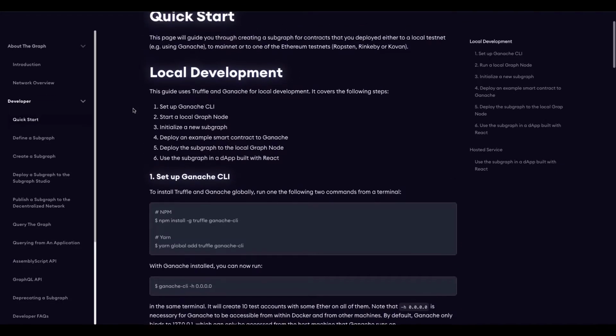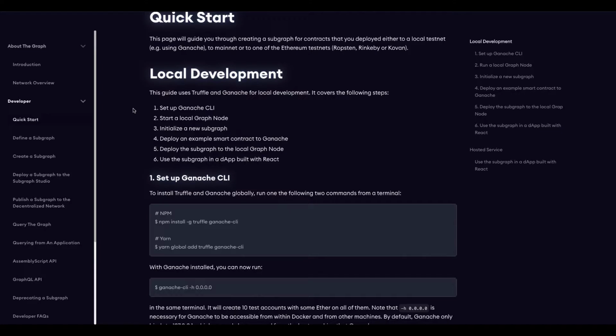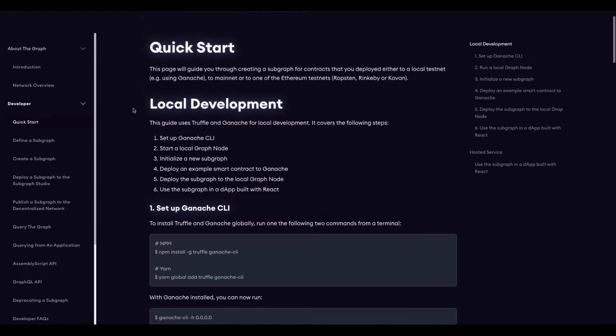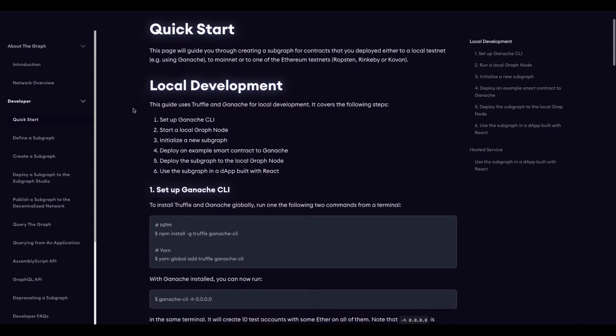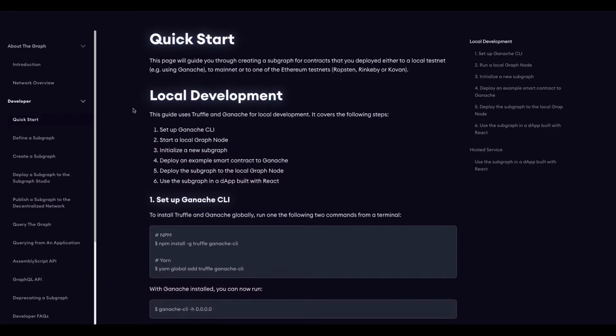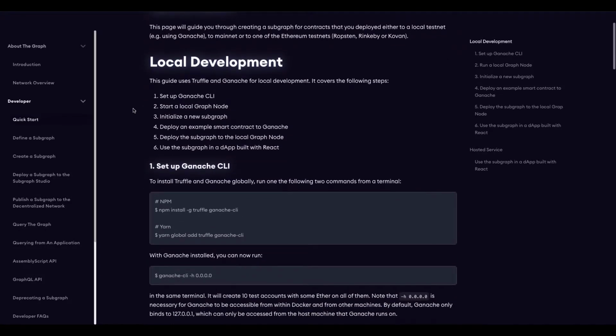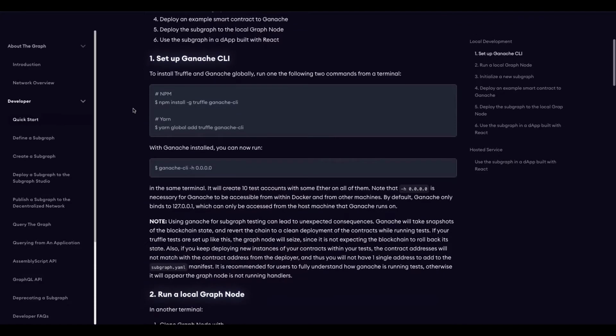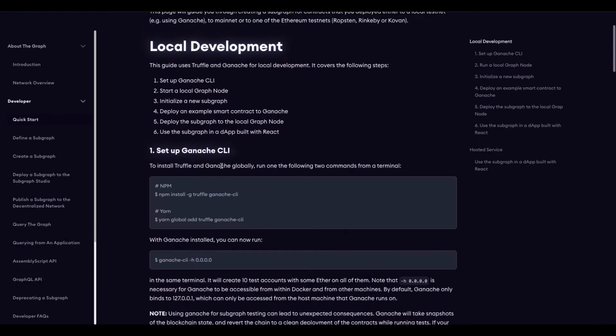This might be your first time hearing those names, especially if you're not a developer. And yeah, this basically gives you the steps on how to run this on your terminal.